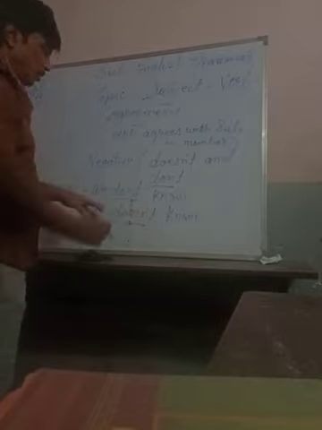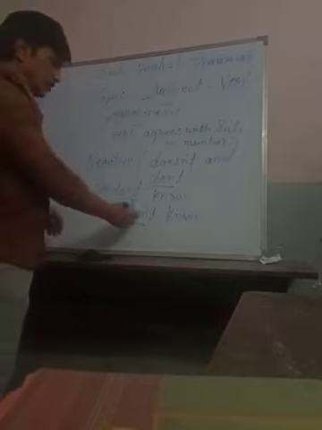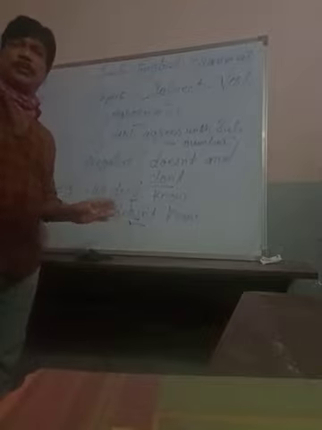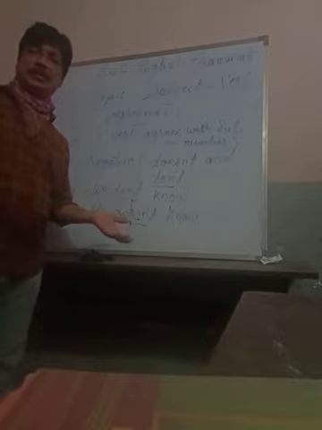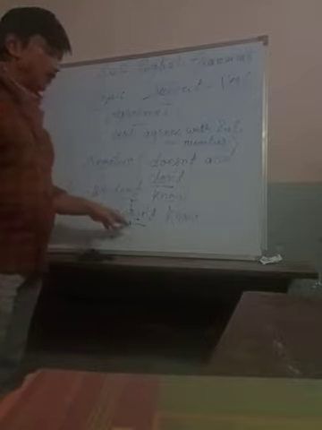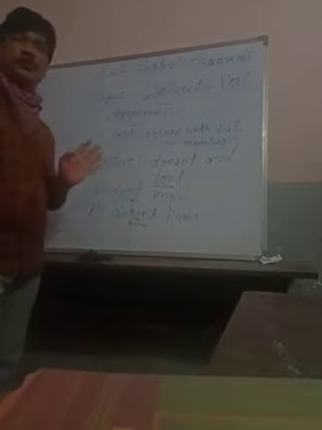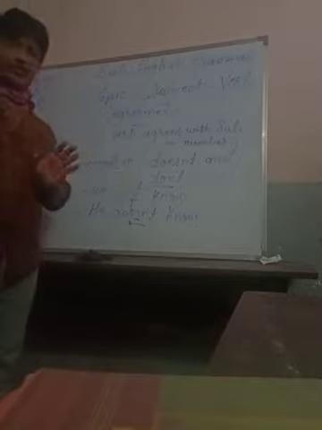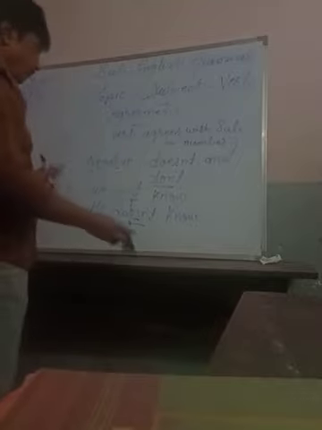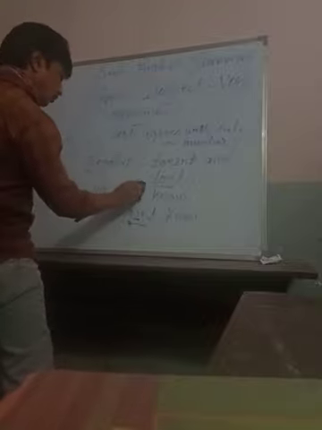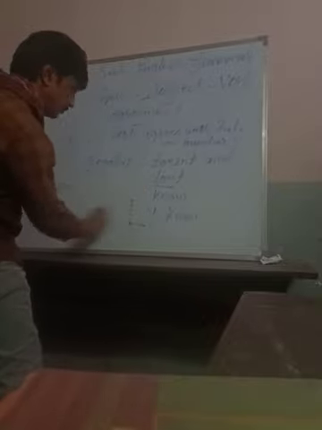Now look here, it is do only, but es is added to it, so it becomes does, meaning does not. In short, doesn't. So in the singular form doesn't is used and in the plural form don't is used. This is for your knowledge, a very simple thing to be noted down. These two examples are enough for this.